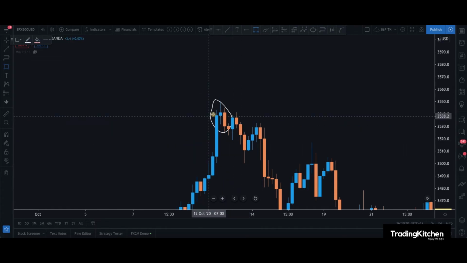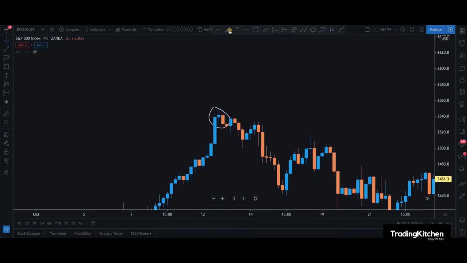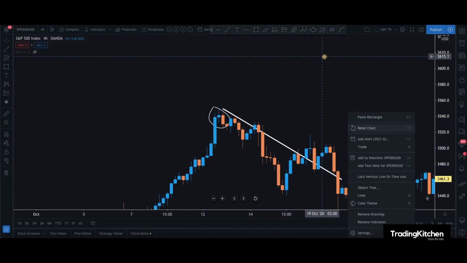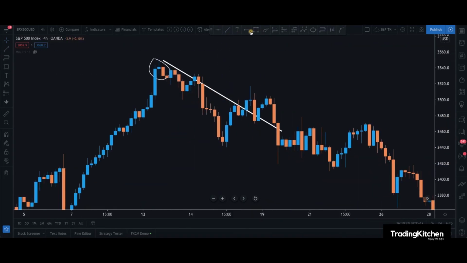Okay, but you know that something is going to change. In fact, the downtrend is starting from here. Okay, look at this one, for example. Same thing.